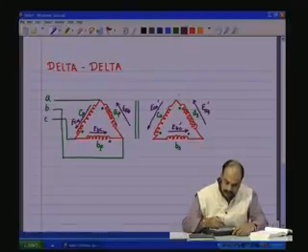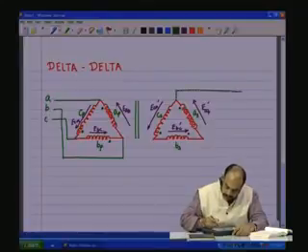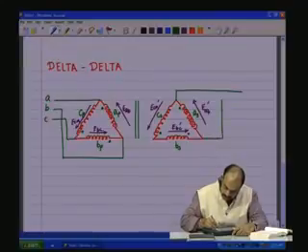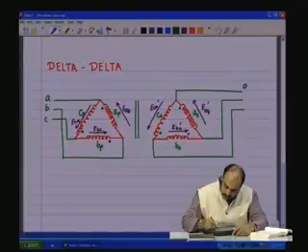Now, we take out these voltages here on the secondary side. So, you have the A prime, B prime, C prime.